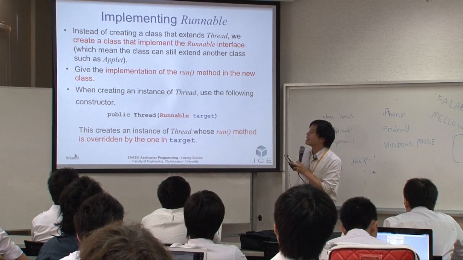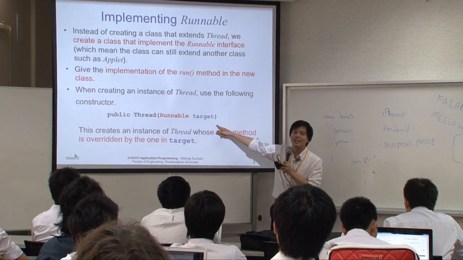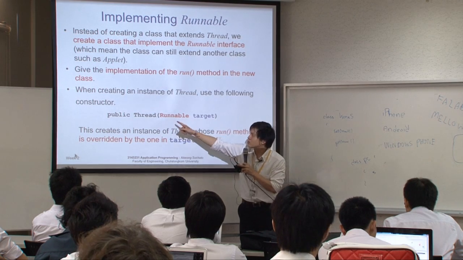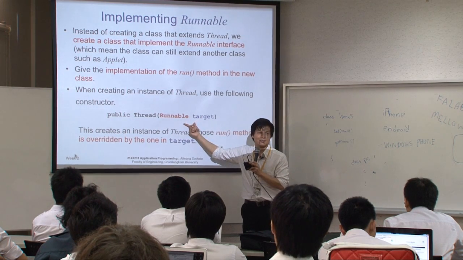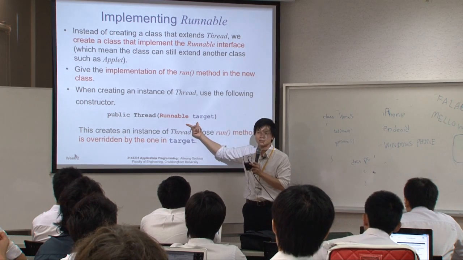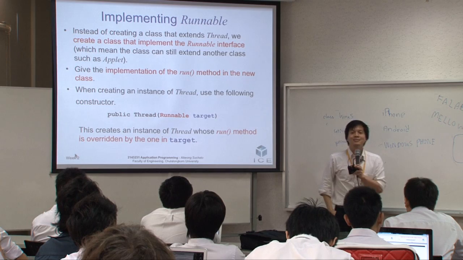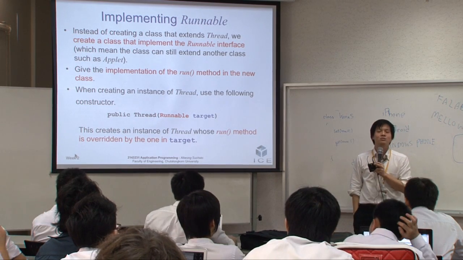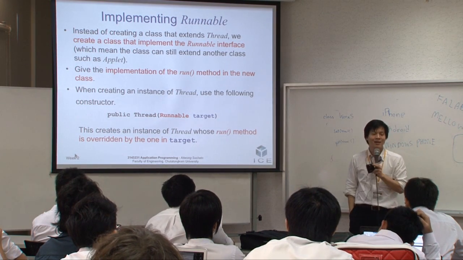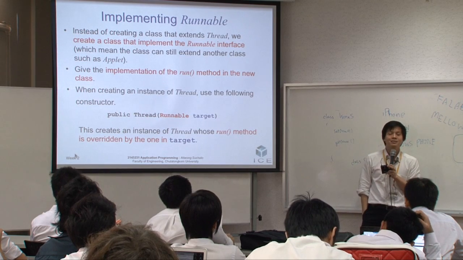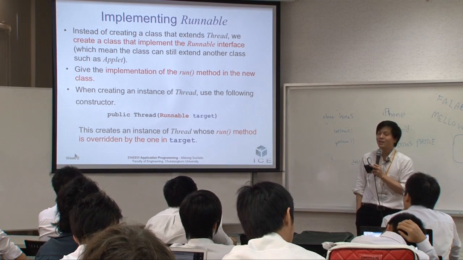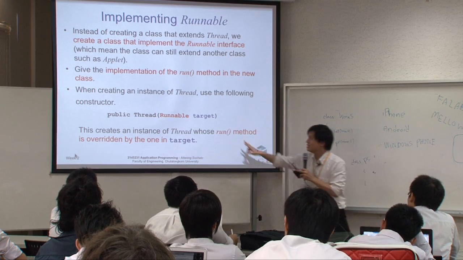This constructor in the class thread has a header like this. It's a public thread and it takes these arguments. What does this mean by these arguments? What type of thing does it expect in this constructor to be passed along as its only input?